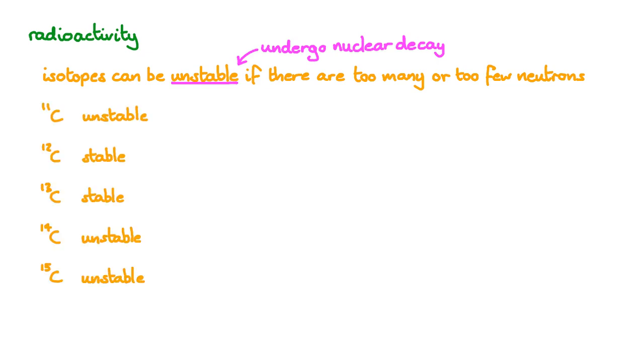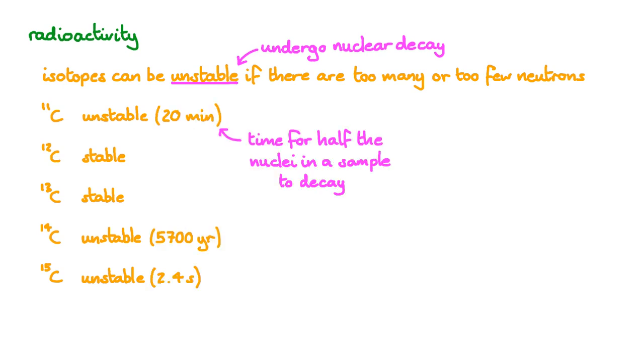For example, carbon-11, carbon-14 and carbon-15 are unstable. If you have a sample of carbon-11, it will take about 20 minutes for half of those nuclei to decay. For carbon-14, it's 5,700 years, a good deal longer, and for carbon-15, it's only 2.4 seconds.